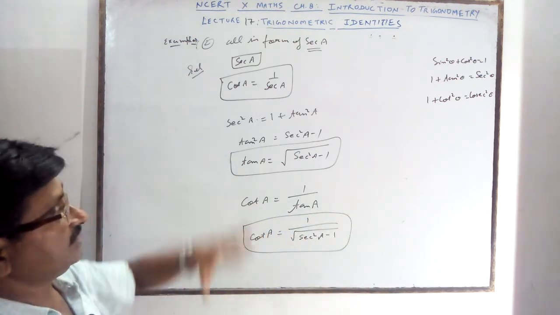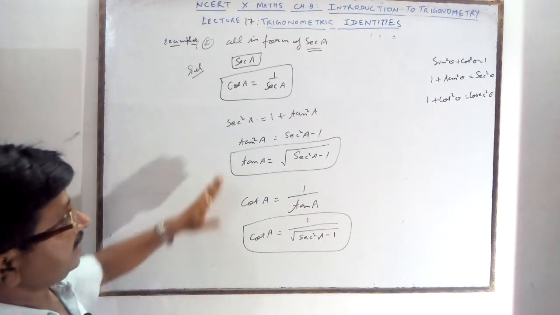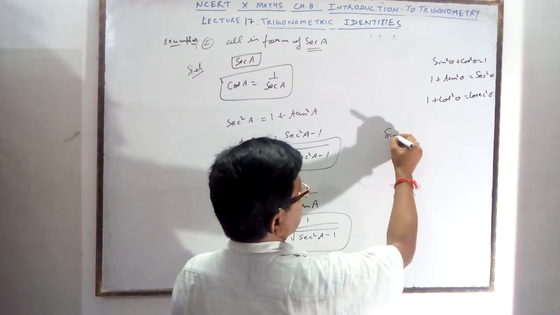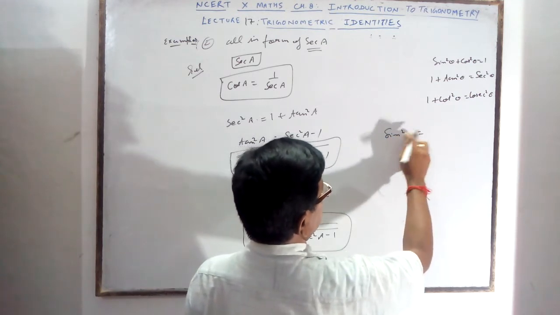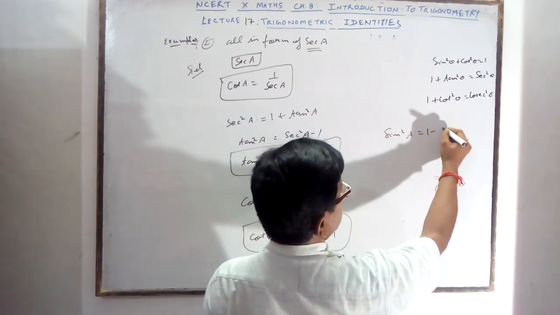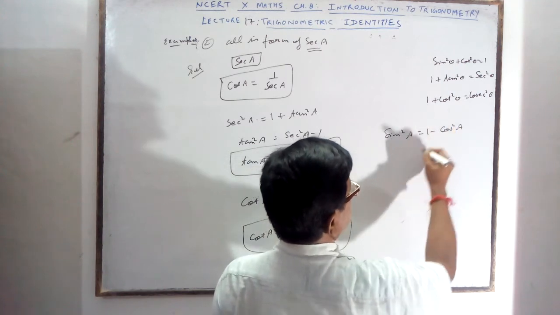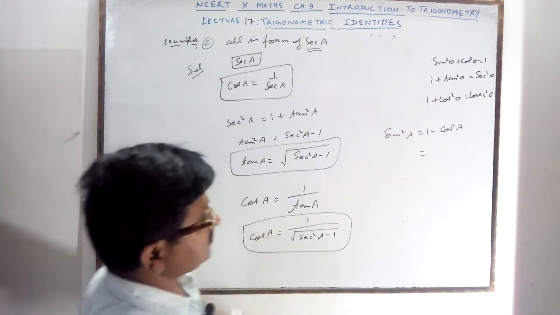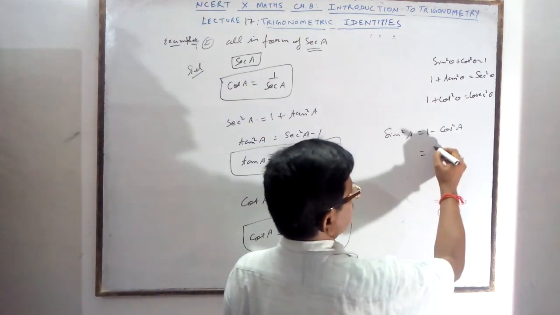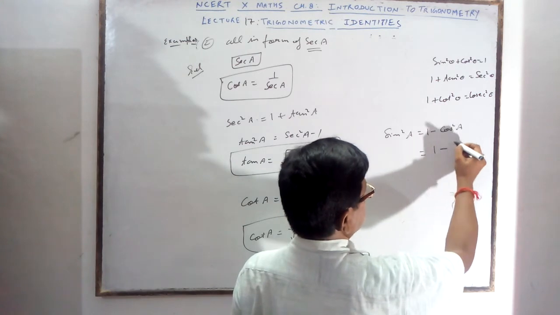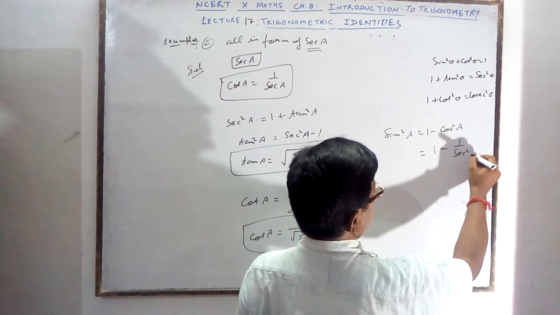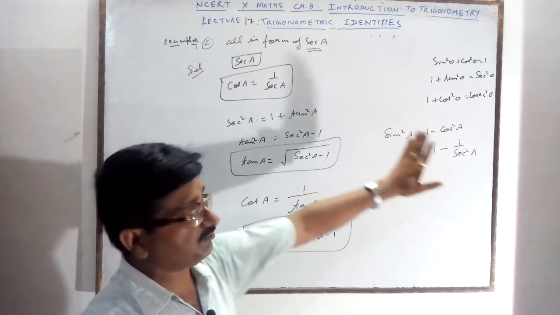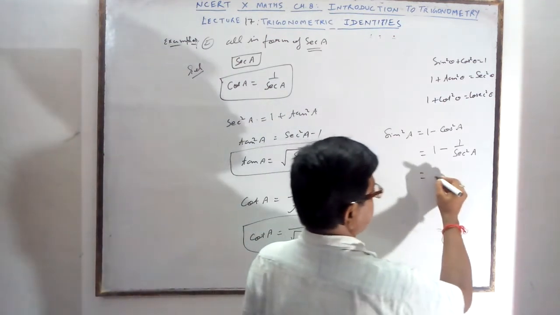Now only cosec and sine are left. How will you get the sine? Sine square A is equal to 1 minus cos square A. And cos A you have got as 1 upon sec, so you can write cos square A as 1 upon sec square A. Because you want cos in the form of sec, take LCM.